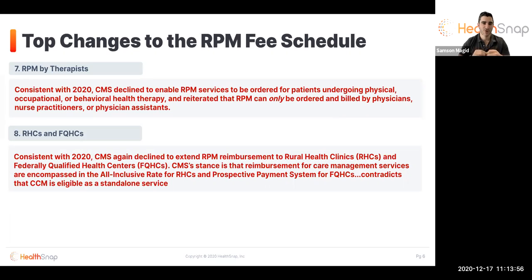But again, CMS declined to extend RPM reimbursement as a standalone service, basically stating that the care management services are included in the all-inclusive rate for RHCs and the PPS for FQHCs. This is in direct contradiction to CCM, which is an eligible service for these groups. And unfortunately, RPM in 2021 is not a separate and distinct billable service for RHCs and FQHCs next year.